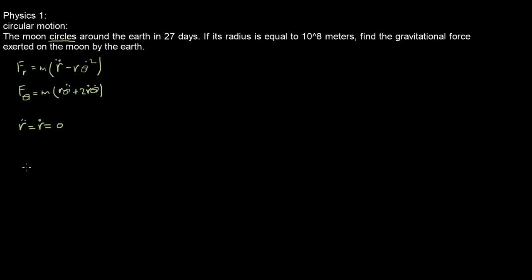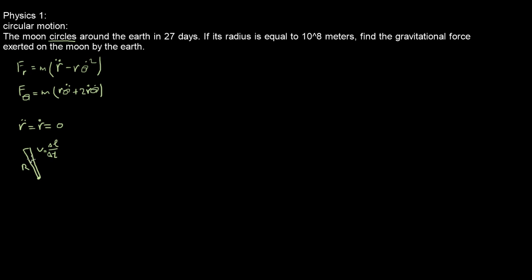Also, since it's a circular motion, let's draw something like, let's say this is the radius, and in delta t seconds it moves this much. So the speed therefore is v equals delta L, the distance, divided by delta t, and the distance is r delta theta.